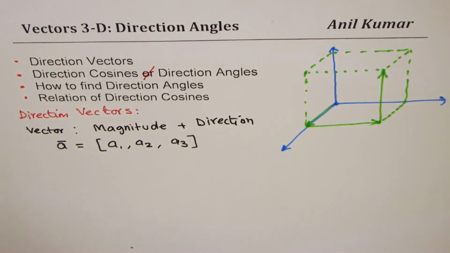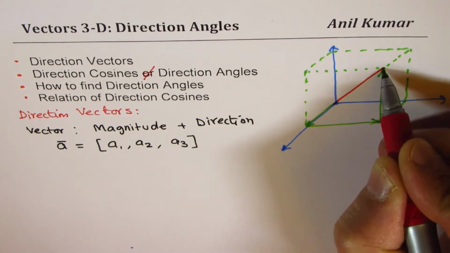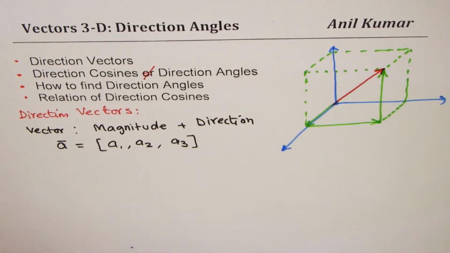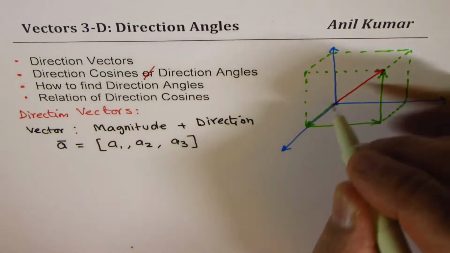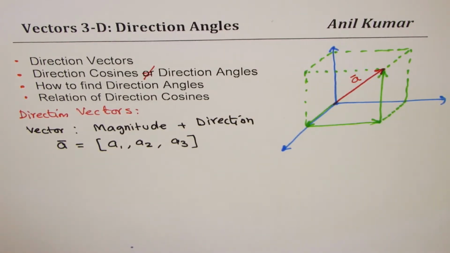So you get this box. Now, the vector which we are talking about is really from the origin to this terminal point. So this is our vector A, correct? I hope we are clear. This is the vector A which we are talking about, and A1, A2, A3 are these components.